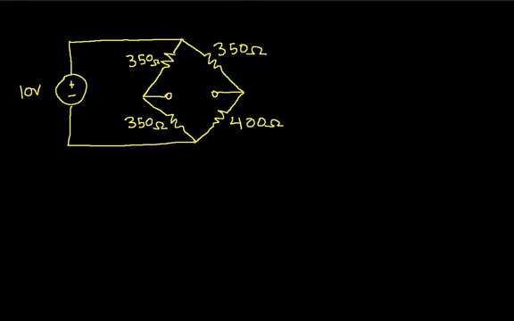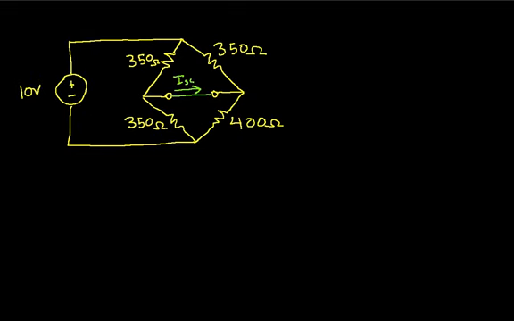So I bring up a clean version of the circuit, and now I want to short these two terminals and find the short circuit current. How am I going to do that?